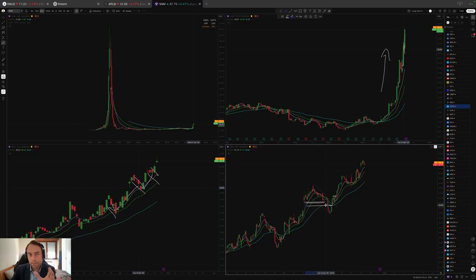Basically, if we want to say it like Wyckoff would say it, the composite operator is trying to force you to go short because there's a break of structure, but instead it wants to go higher.